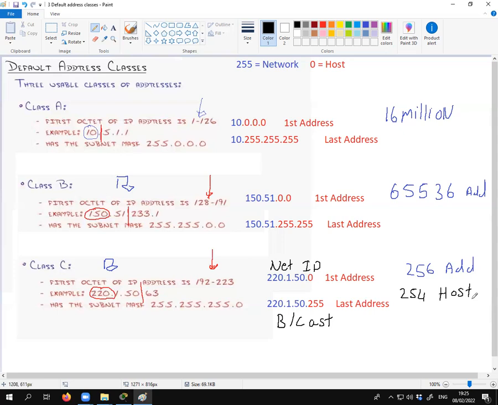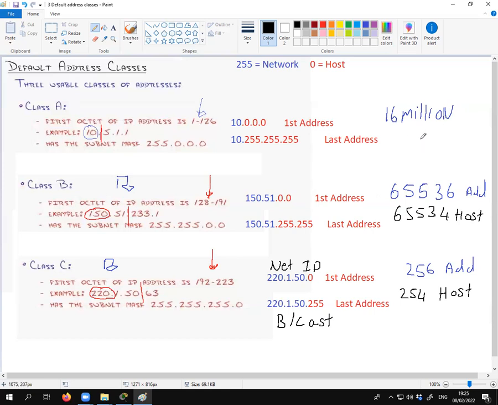Class B, 65,536 addresses, 65,534 hosts, because you can't use the very first address and you can't use the very last address. 16 million addresses, 16 million minus 2 for your hosts.